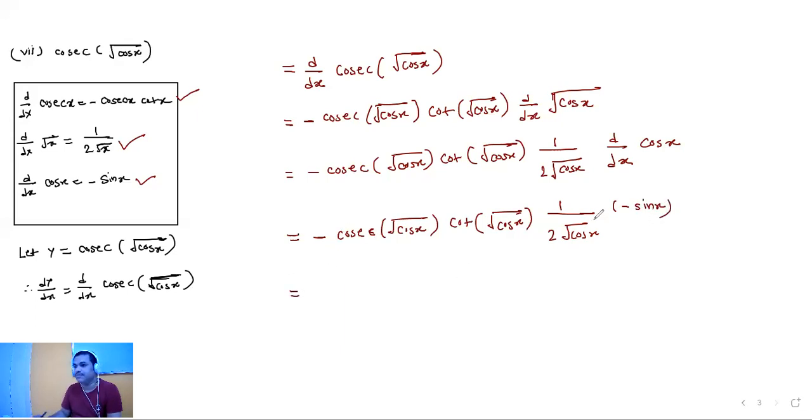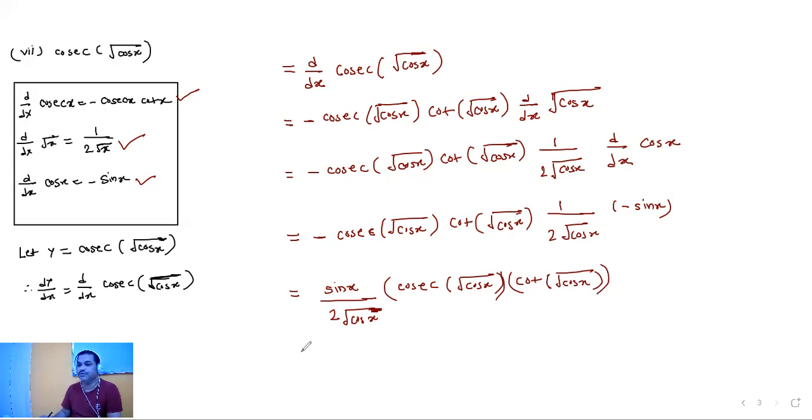In this step we will say that minus minus will become plus. So we'll write it like sin x divided by 2 root of cos of x, and then we'll write cosec of root of cos of x and cot of root of cos of x.